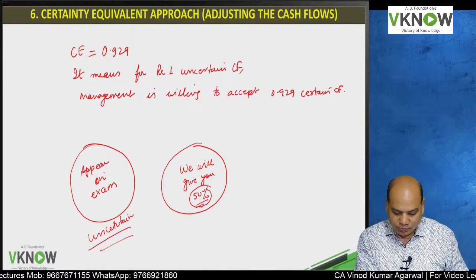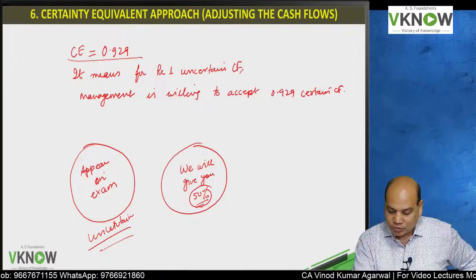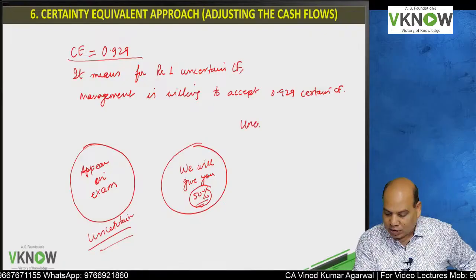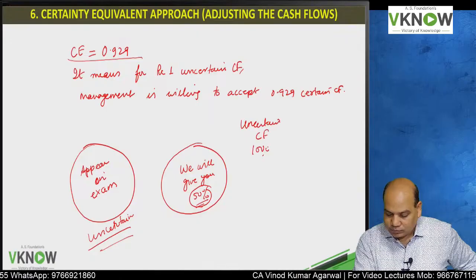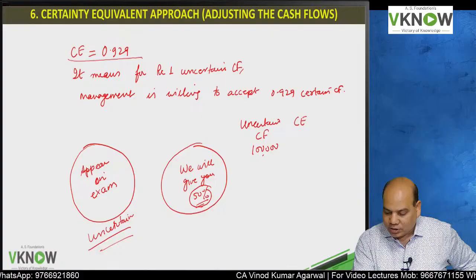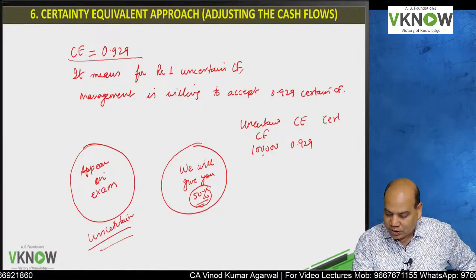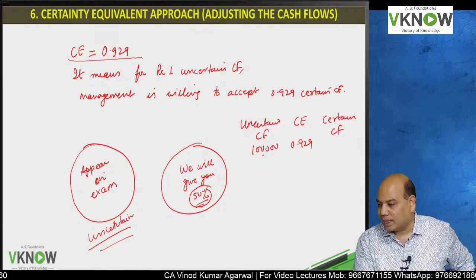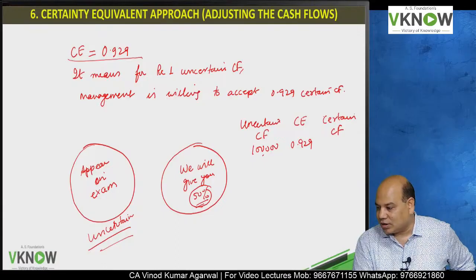Now what is the use of this number? You will quickly reply, if uncertain cash flow is 1 lakh and certainty equivalent is 0.929, what is its equivalent certain cash flow? 1 lakh is uncertain cash flow.